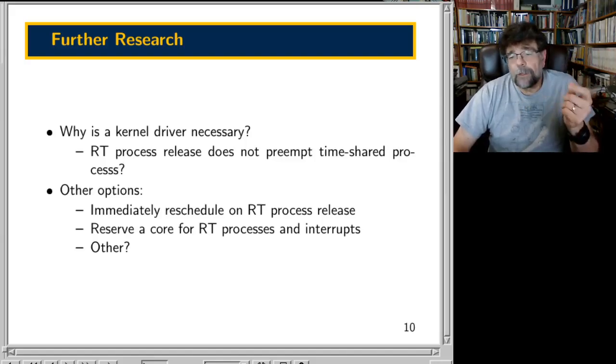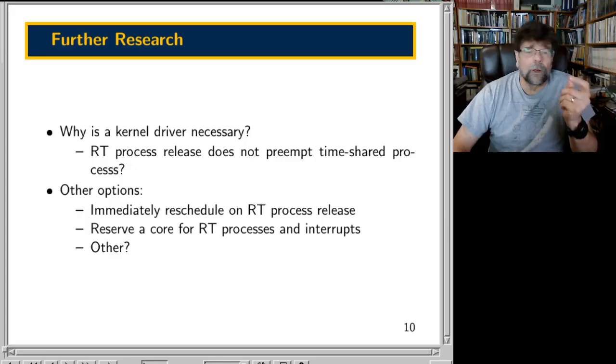An alternative that definitely seems like kind of an interesting one, especially now that we're in a world where virtually everything is multi-core. What if we reserved one core for the real-time processes and the interrupt handler?